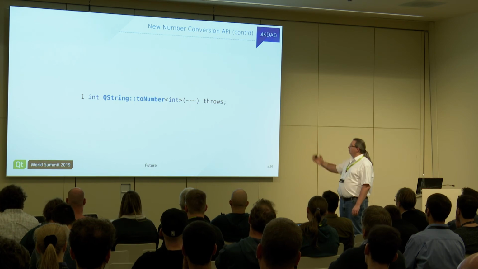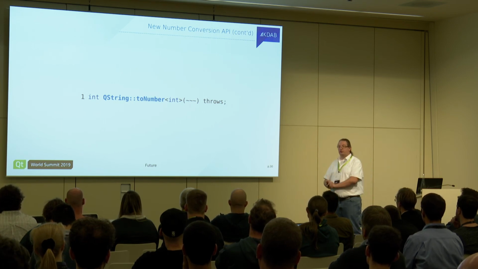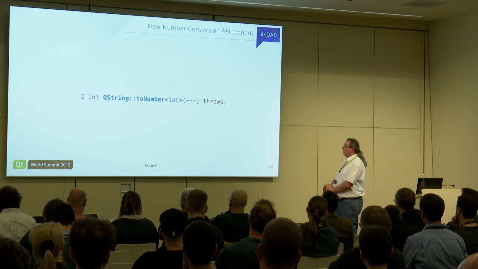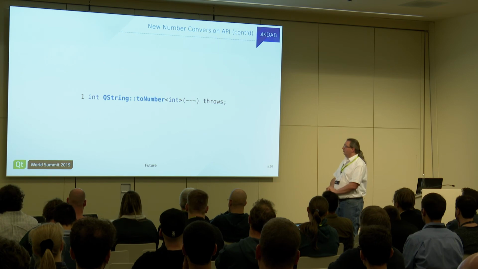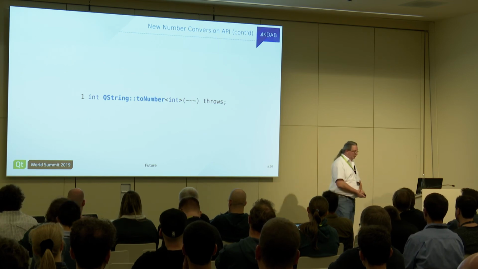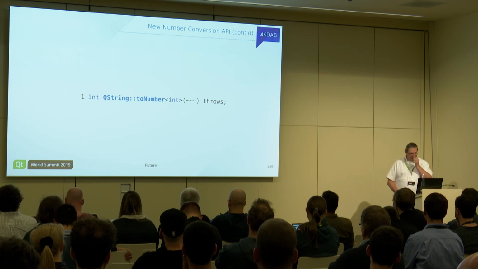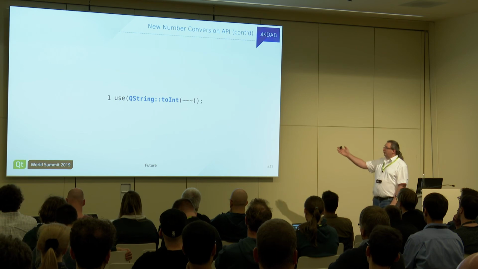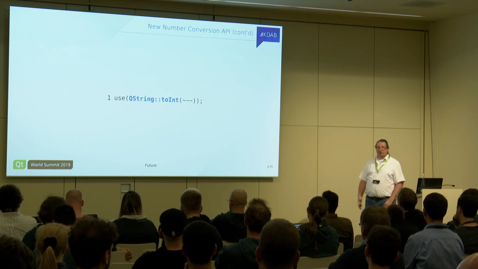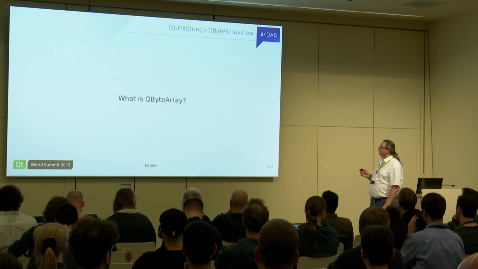Basically, he proposes to have a new throws keyword, which can throw only one kind of exception, std::error, and which piggybacks on the return type. If you want to know more about this, then I suggest you listen to his talk from CppCon last month. And then it becomes as easy as this, and we have exceptions, but we don't have dynamic exceptions, so we don't have the overhead, and so on.